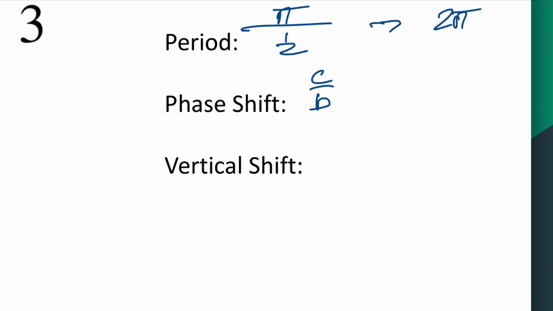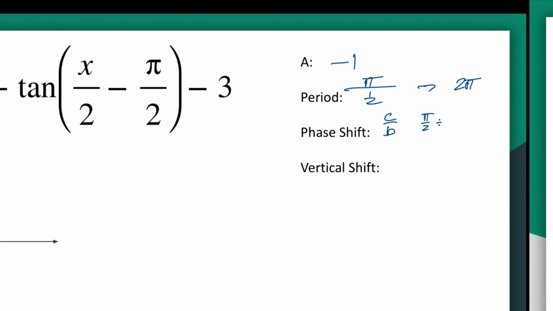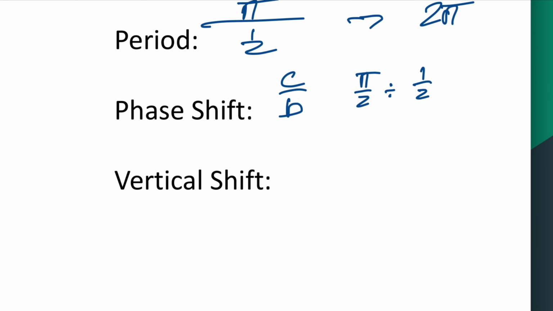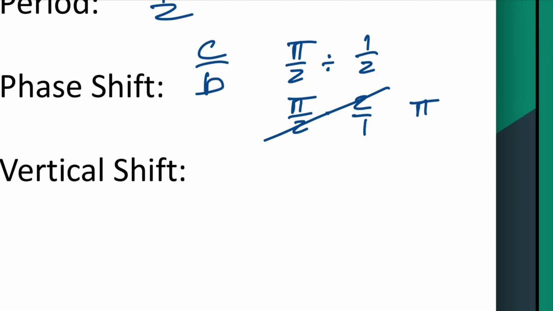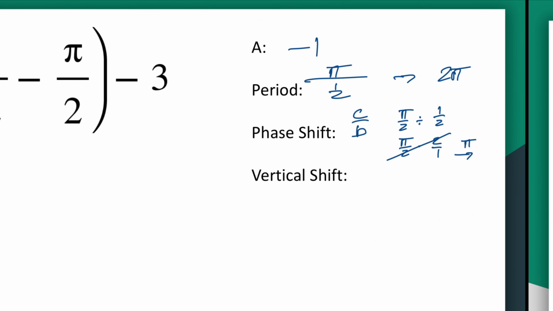So pi/2 divided by 1/2. Or we flip it, right? 2/1, the 2's cancel. And so we have a phase shift of pi. Now this is a negative, right? And so this should be moving to the right, okay? So pi to the right.